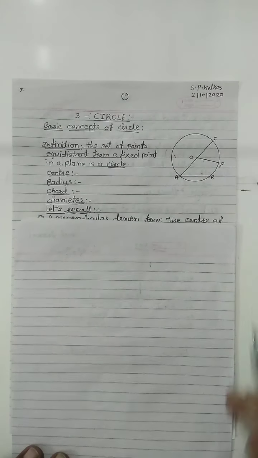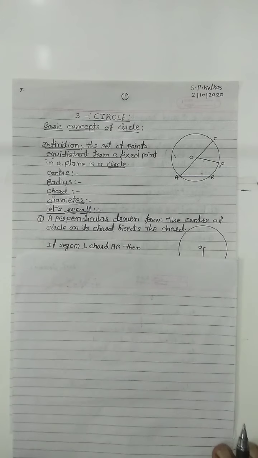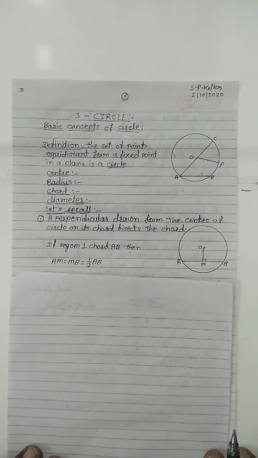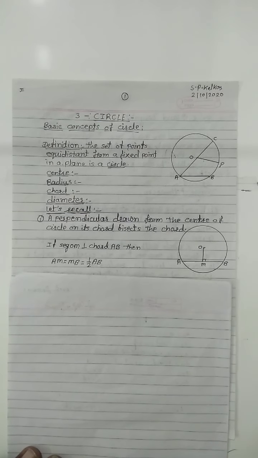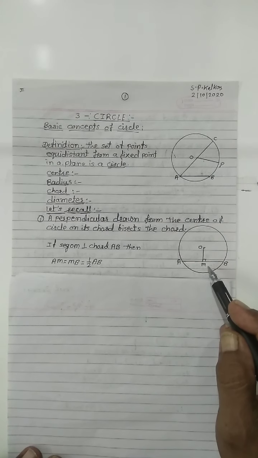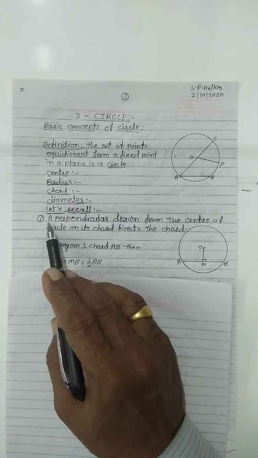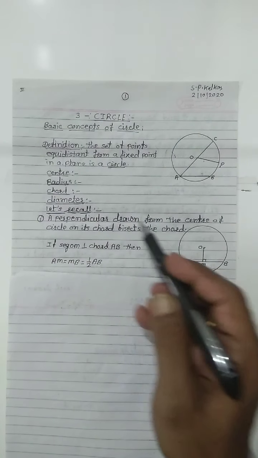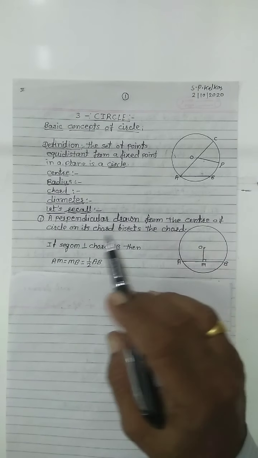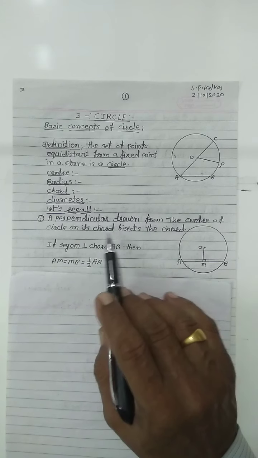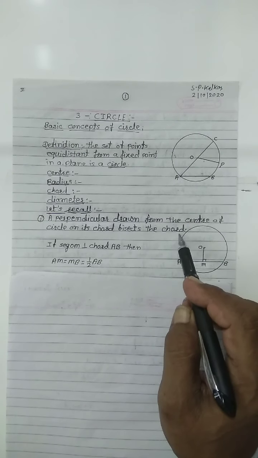Now let's recall, in a previous class we already studied the properties of the chord of the circle. Now, first property, a perpendicular drawn from the center of circle on its chord bisects the chord.